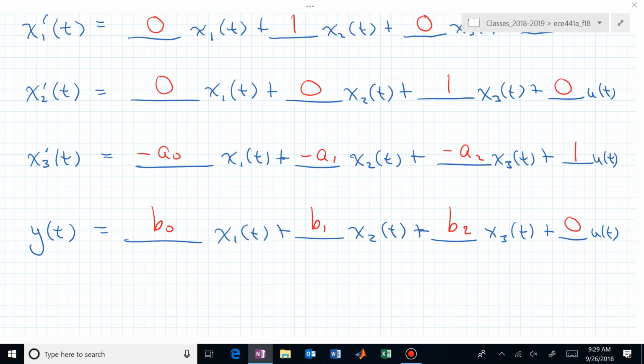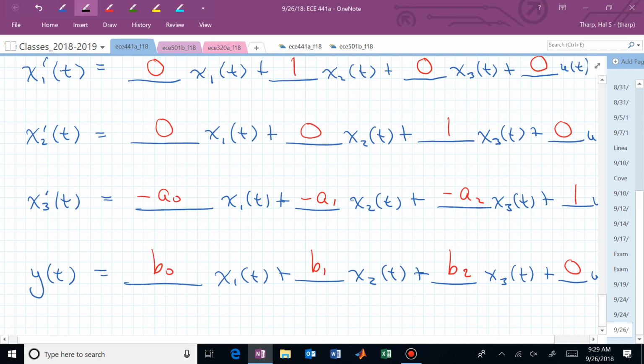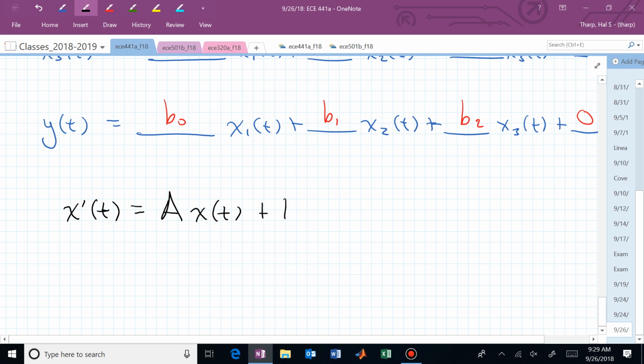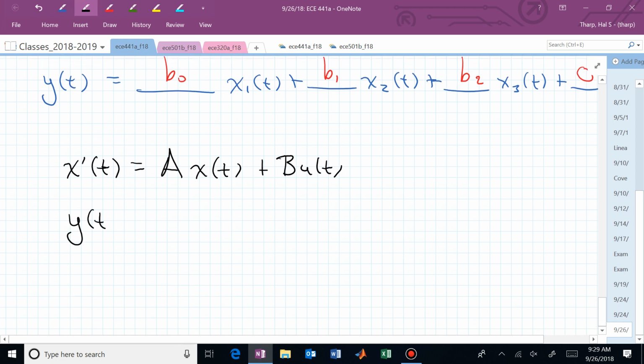And now we should be comfortable simply saying, oh, I could rewrite that as a vector x differentiated. That's now 3 variables buried inside it, stacked on top of each other, equal to A x of t plus B u of t, and y of t is C x of t plus D u of t.